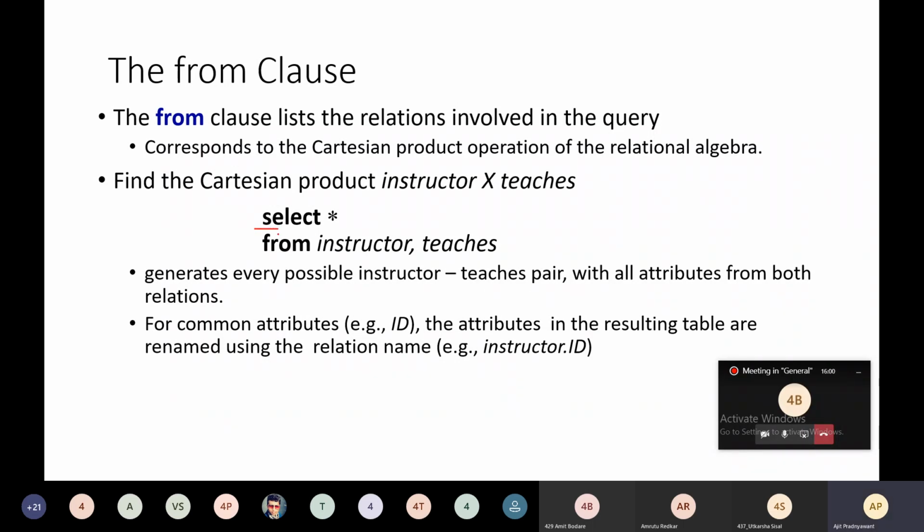Select star from, as we have seen in the last lecture, where we used only one relation in the from clause. So now here we have used two relations in the from clause, and once you make use of these two relations in a from clause, it will produce the Cartesian product.